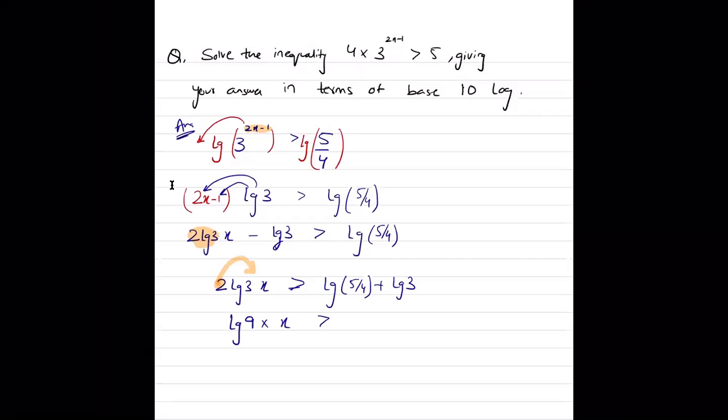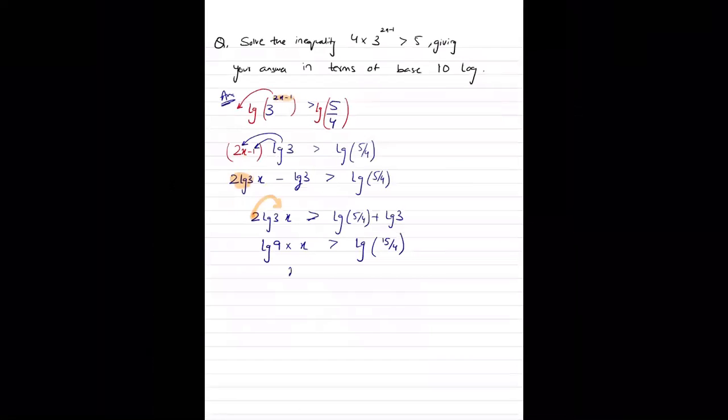And if you see over here, I can apply the product rule of the log and simplify this as a single log, 15 upon 4. Correct. Now x is greater than LG 15 upon 4 divided by LG9.